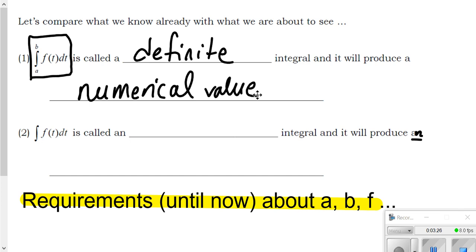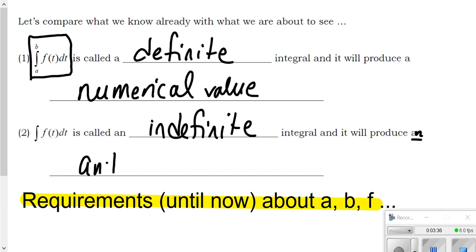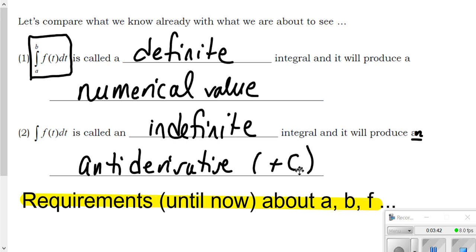If we have an integral that doesn't have bounds written on it, that's what's called an indefinite integral. That's where we find an antiderivative. And that's where we have our plus a constant, because it's actually a family of antiderivatives.